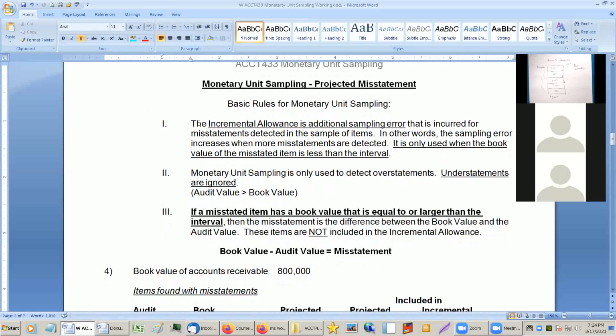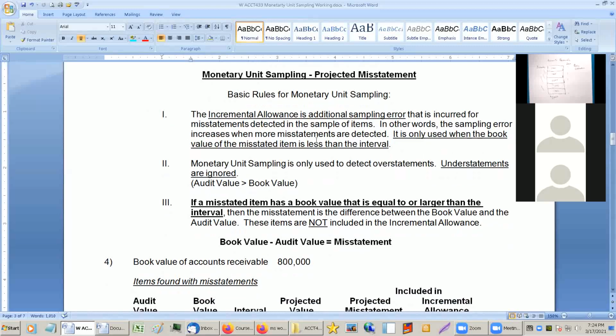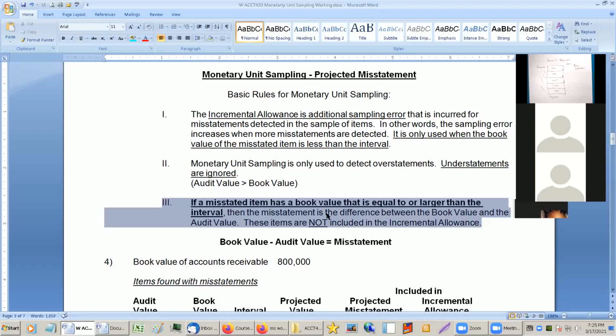So this is kind of what this is talking about. I don't know why I numbered them that way, but it's possible if the book value is smaller than the interval, then there could be additional things wrong. I explained them in a different order than I have on here.